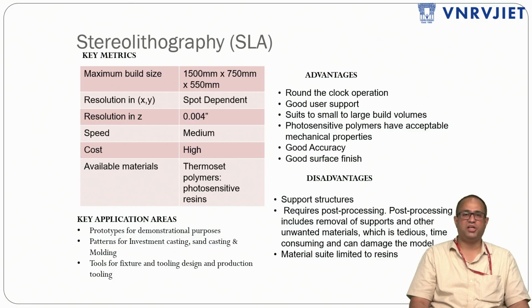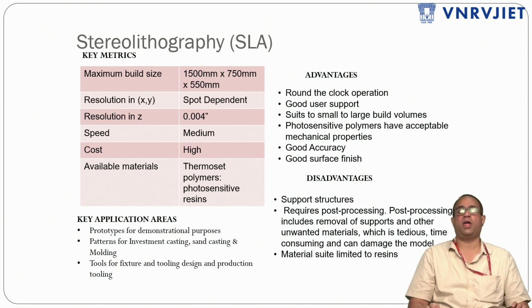Coming to applications, prototypes for demonstration purposes, patterns for investment casting and sand casting, and also making tools for tooling design and fixtures. Advantages of this process, as I told you earlier, are round the clock operation, good user support, good accuracy, and good surface finish.